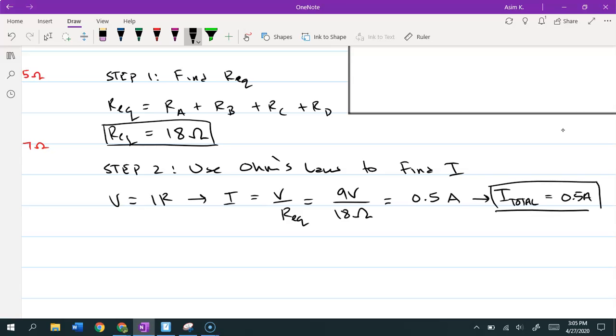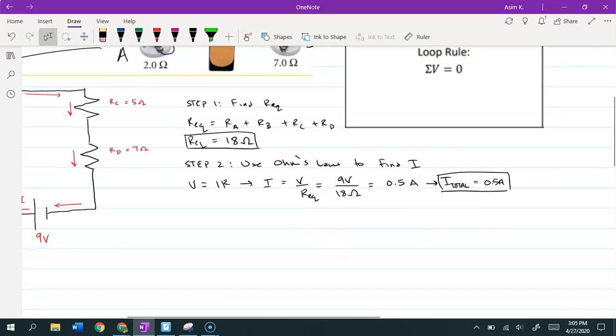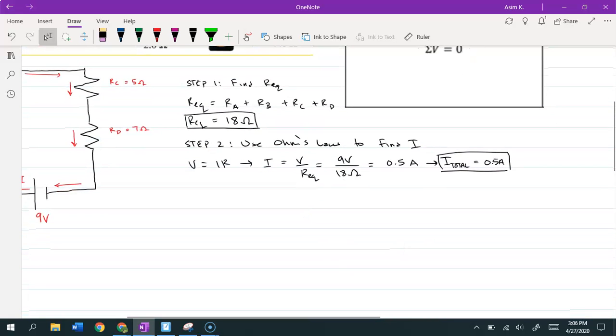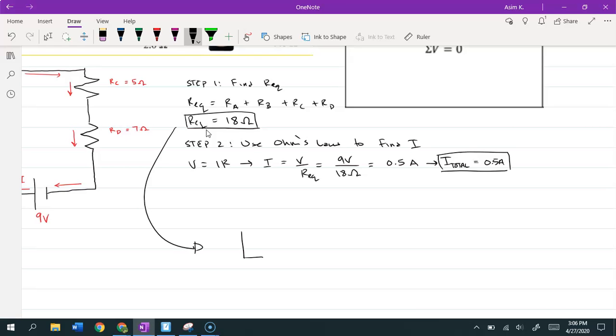All right, so take a look at these values. If you're getting confused between the difference between Req and RA, RB, RC, Req accounts for all of those and treats them as one resistor. So what we generally do to help students understand this is, what do we mean by 18 ohms as the equivalent resistance? What that really stands for is this: pretend there was only one battery, as there is right now, and there was only one resistor in series with the battery.